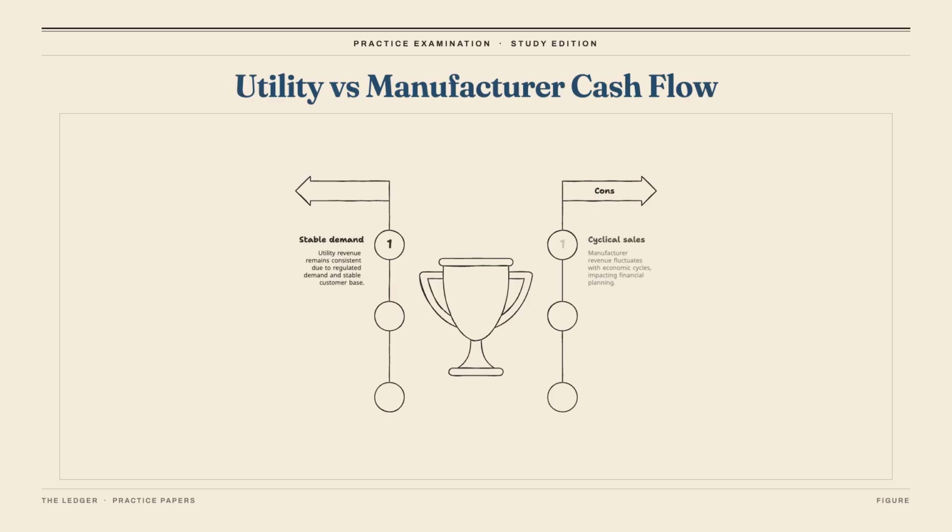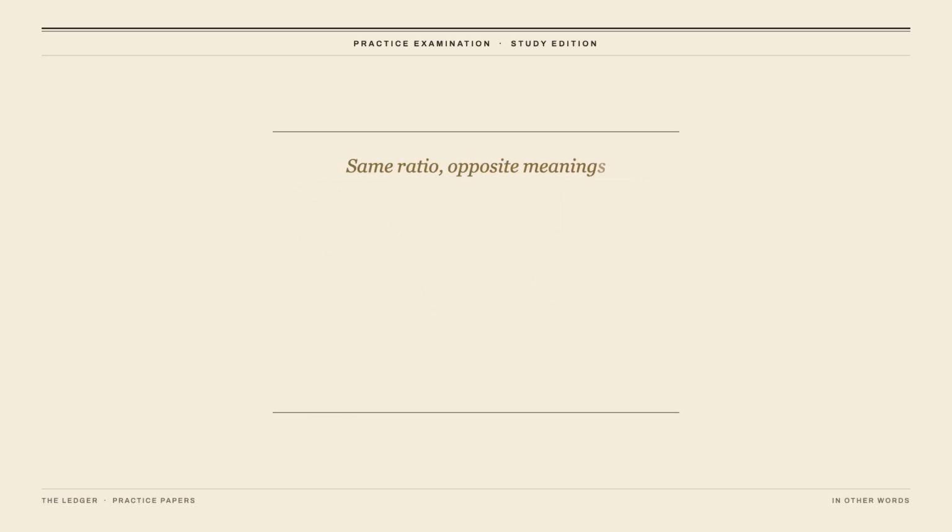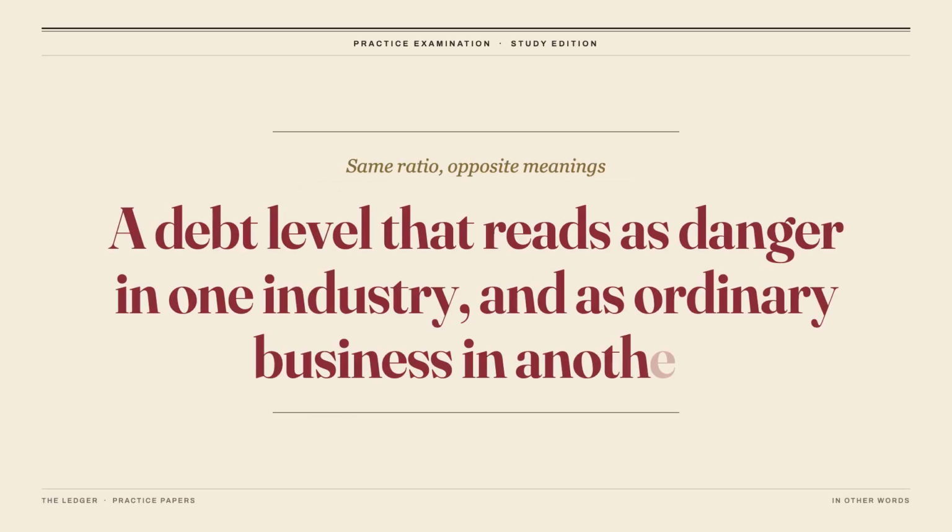Picture the two revenue lines side by side. The manufacturer's sales lurch up and down with the economy, while the utility's stay nearly flat. That flat line is what lets the utility service a large debt load without ever standing near a cliff edge. The disciplined move is to re-benchmark against other regulated utilities, not against manufacturers.